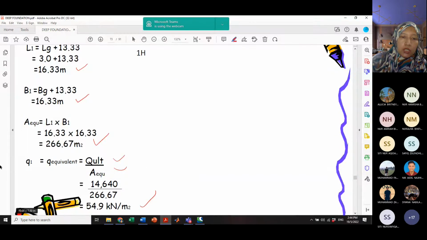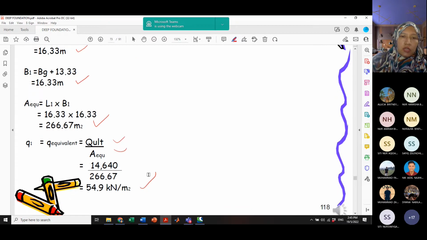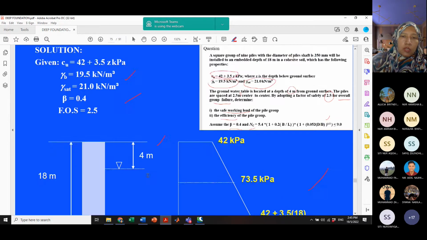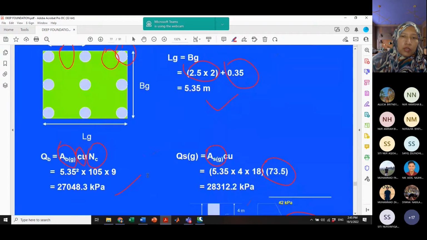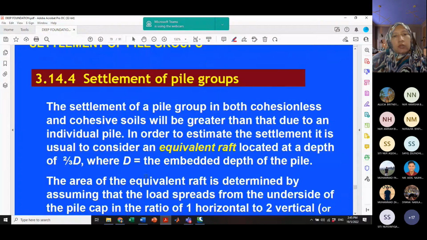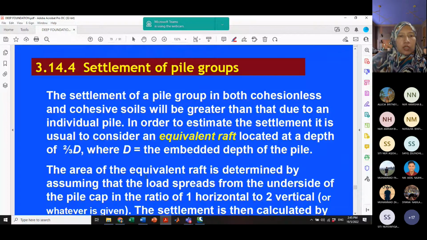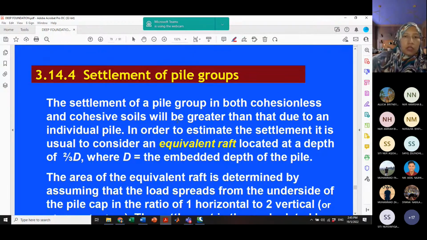So what I explain here is part of the calculation to estimate the settlement. Next you will see how the settlement is calculated for the pile group. For example, here you will see the settlement of the pile group involves coefficients, and it will be greater than that of an individual pile.